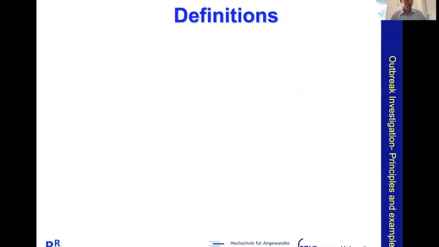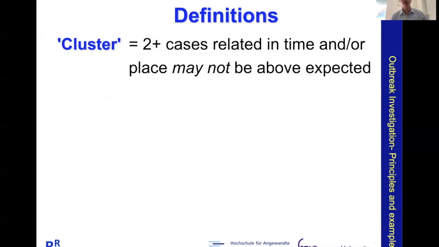Okay, before we can go into the practical steps, we first have to define what an outbreak is, or first of all, what is a cluster? A cluster itself is defined as 2 or more cases related in time and/or place, but may not be above expected.